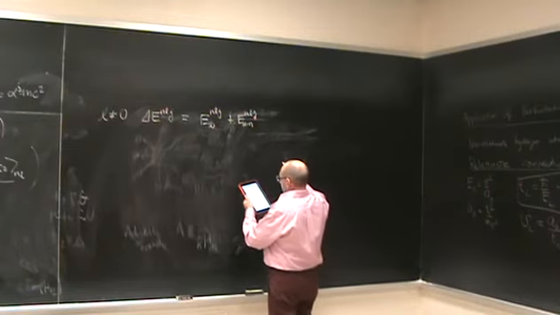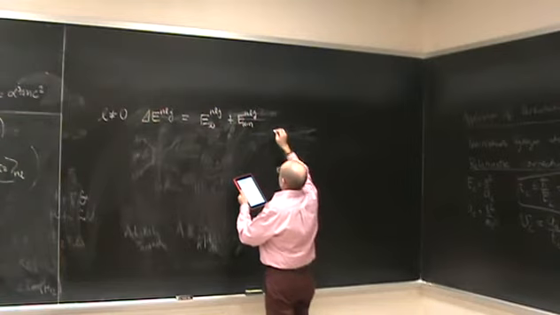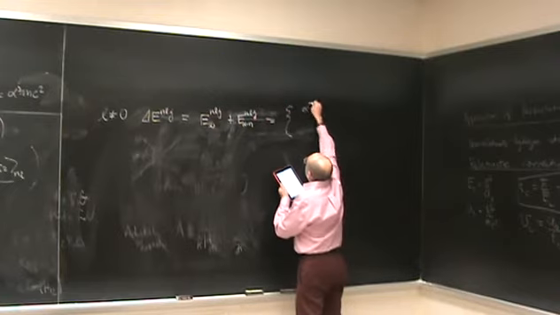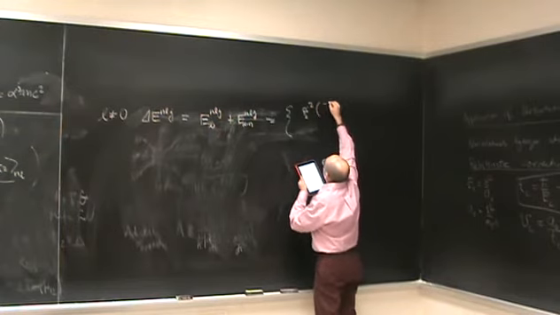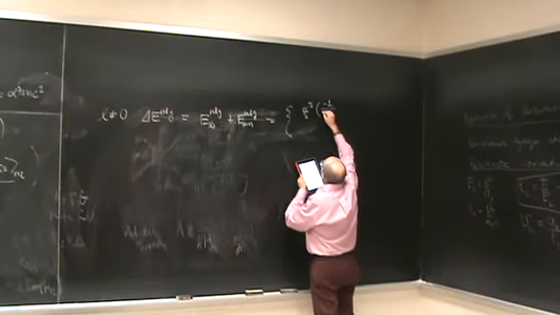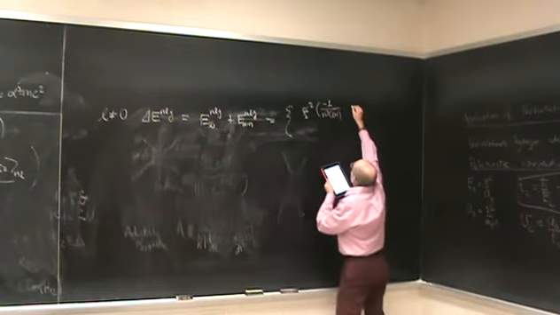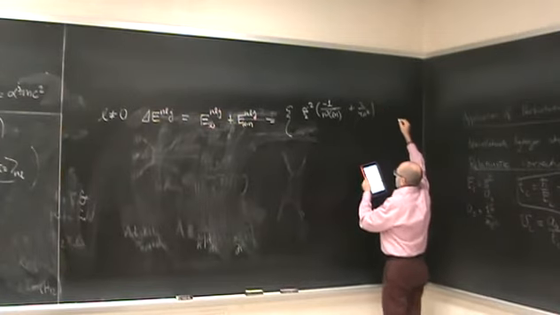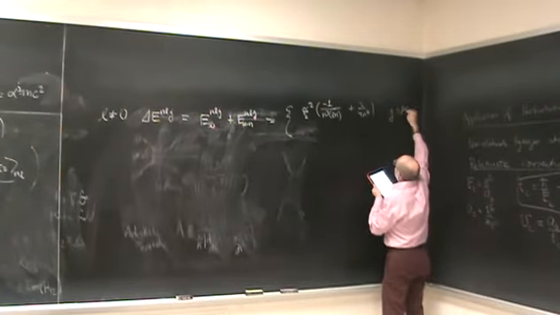And when you do that, you get the following. You get alpha squared over 2 times minus 1 over n cubed (L plus 1) plus 3 over 4n to the 4th when j is equal to L plus a half.